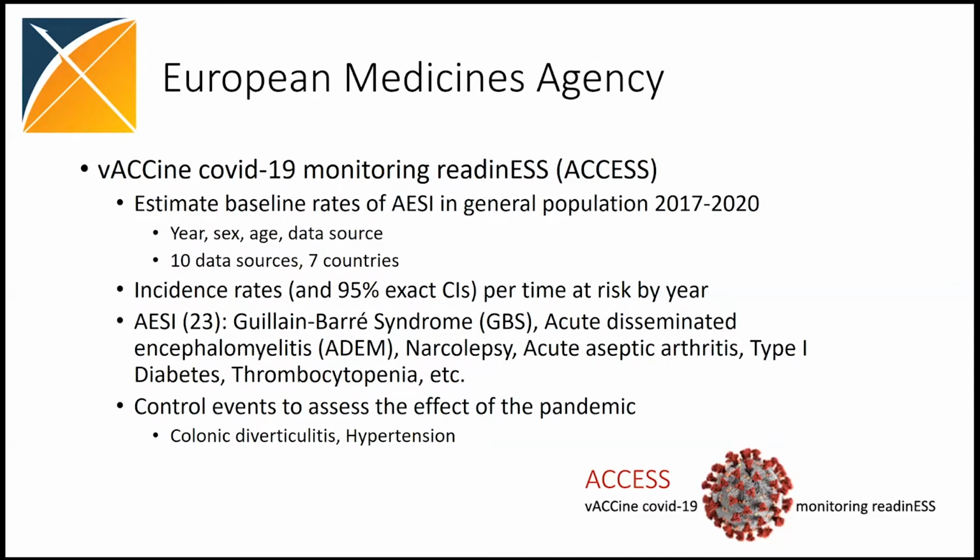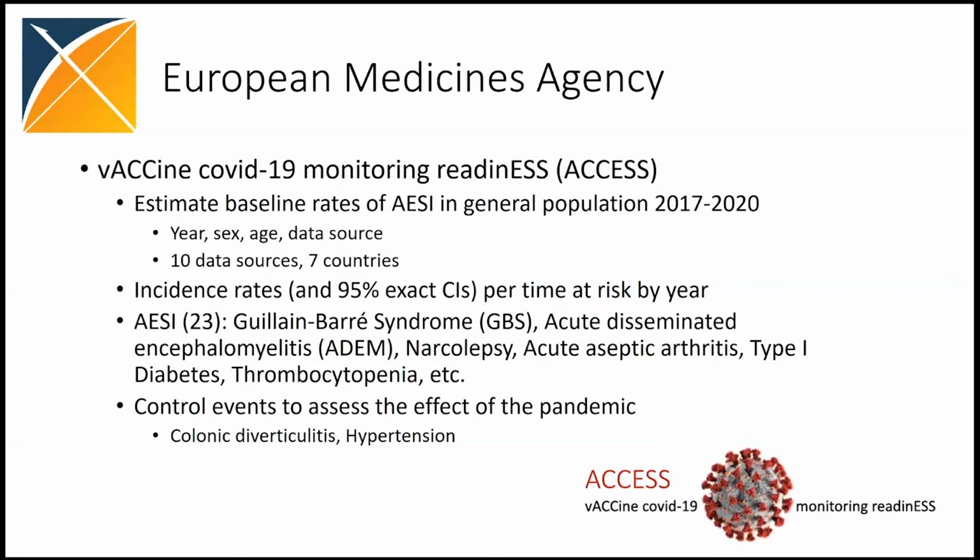I highlighted that on this slide because I want to remind us that someone saying 95% exact confidence intervals should be a trigger to remember that this only accounts for the statistical error, which is very small in our large databases. Much more important is the systematic error, and that's the kind of thing that OHDSI is looking at.